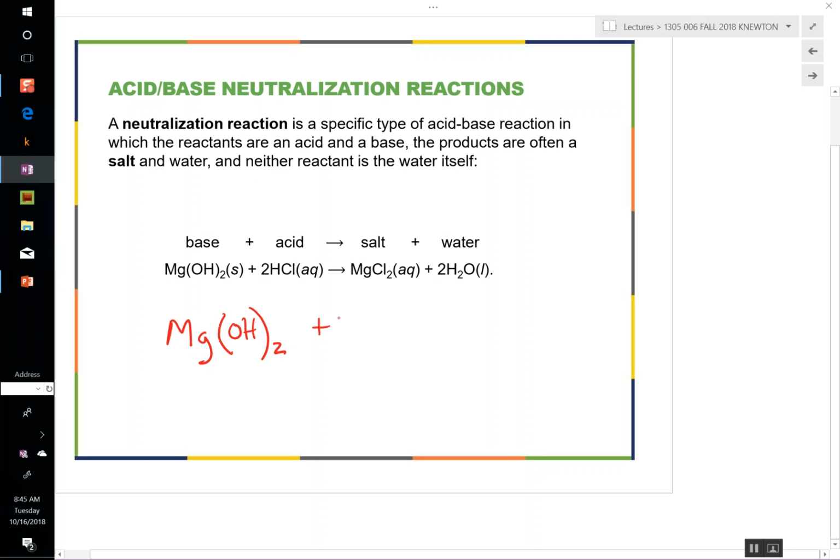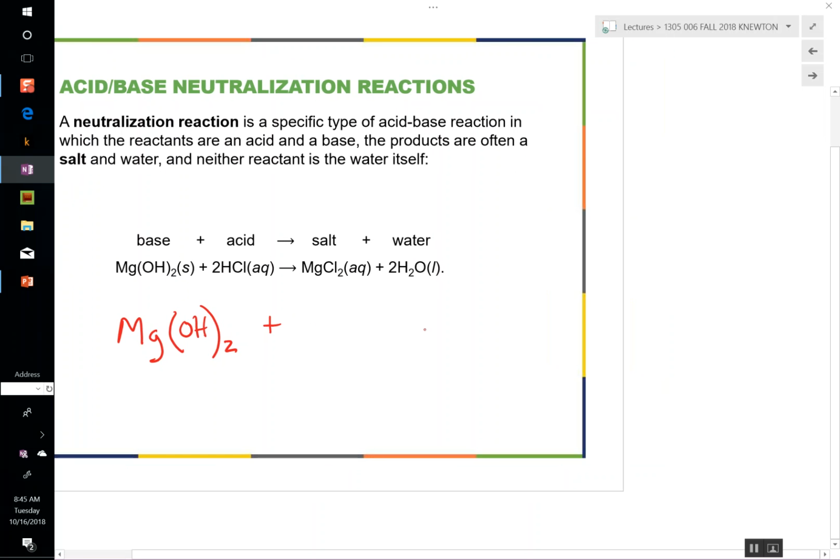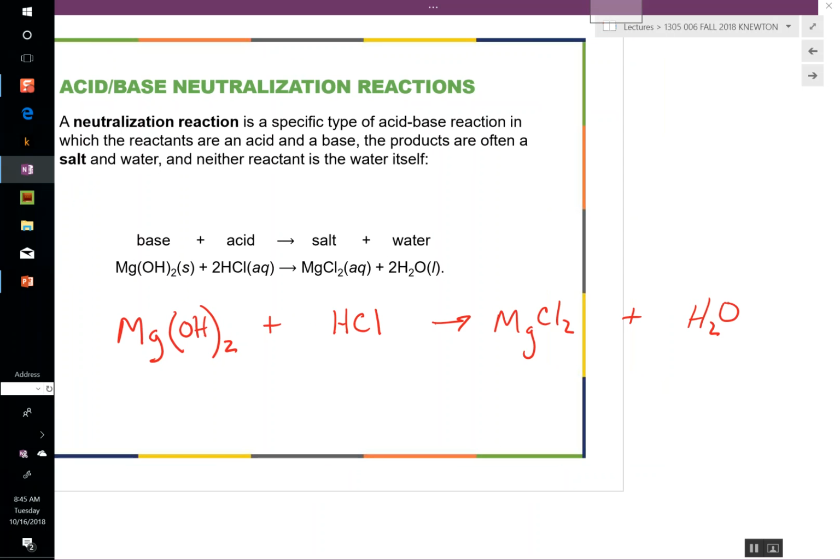So getting back to what Shantae was pointing out a minute ago, to balance equations, if we're going to react this with HCl, and we're going to form magnesium chloride and water, each one of these OHs needs one of these to react with it, to form water, right?